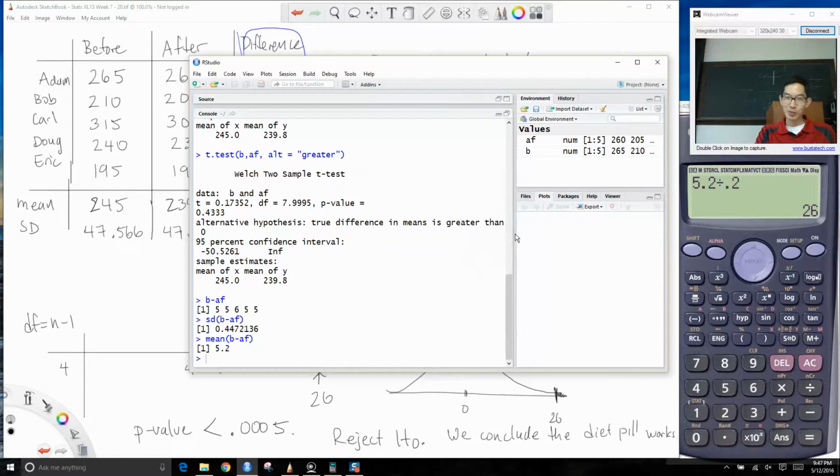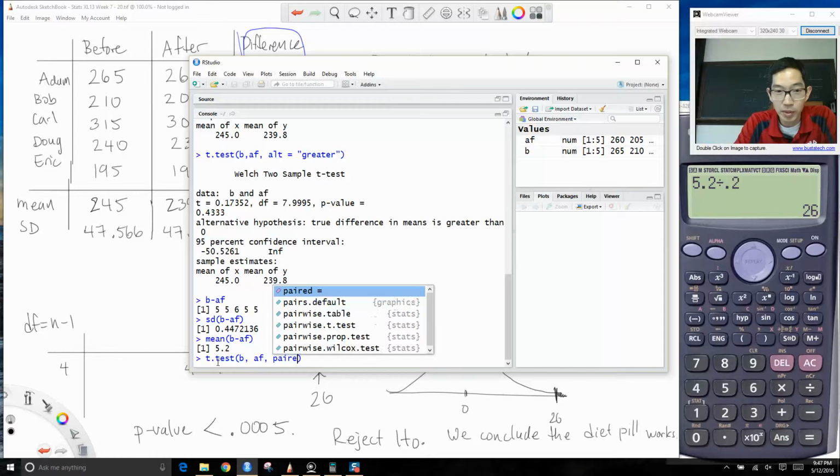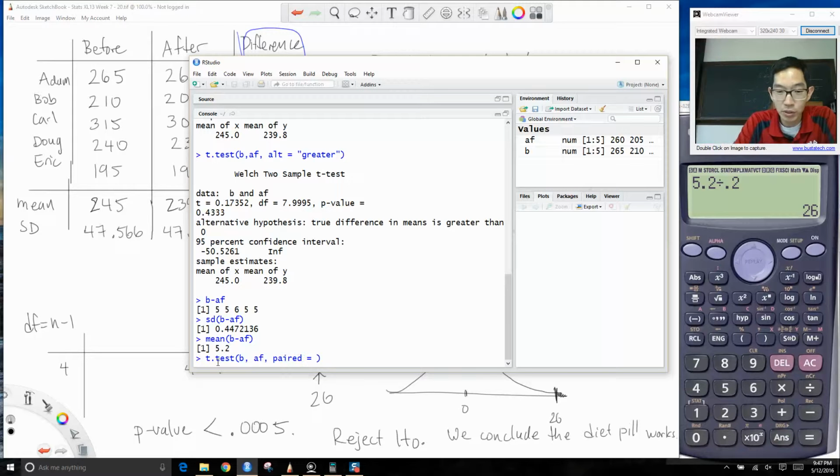Okay. So I could do the same with a t-test of comparing before and after, and I want paired equal to true, and the alternative equal to greater.